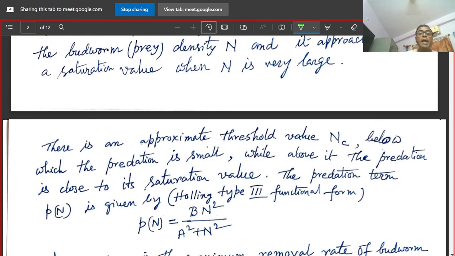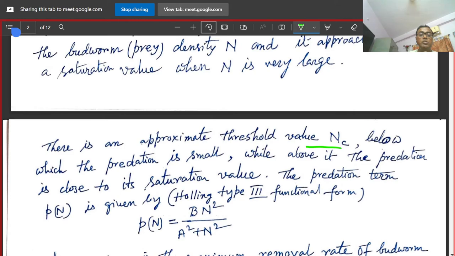There is an approximate threshold value N_c, below which the predation is small, while above it the predation is close to the saturation value. The predation term P(N) is given by a Holling type 3 functional form.